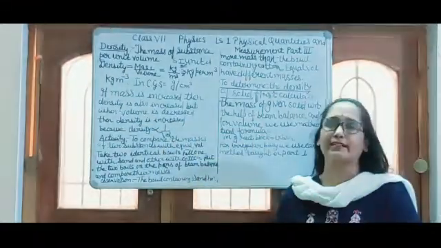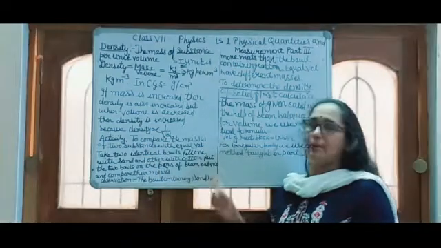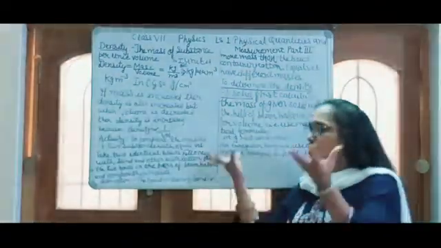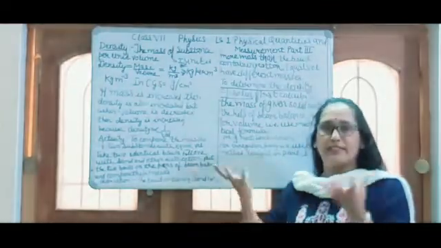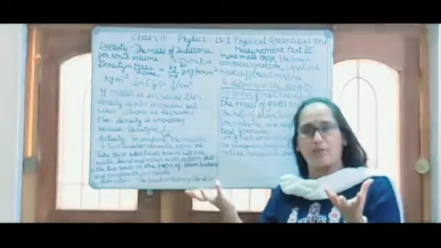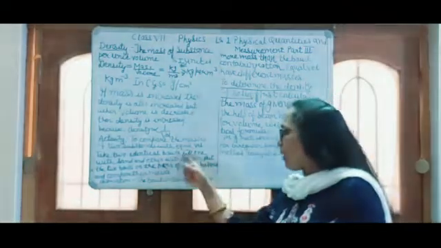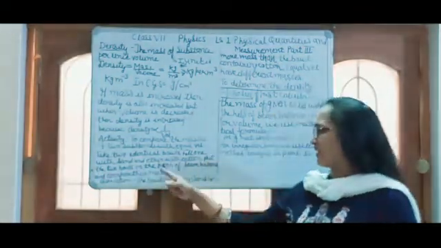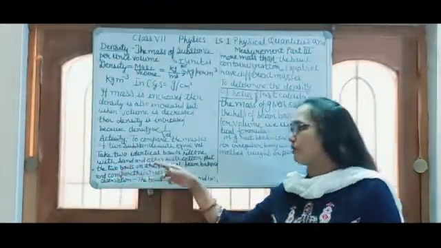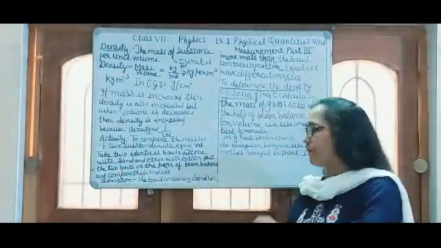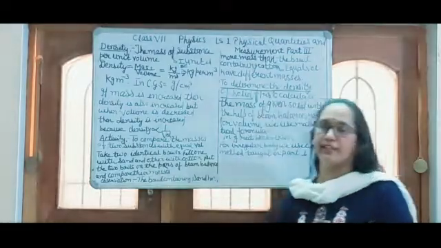Now we will do one activity. To compare the masses of two substances with equal volume, take two identical bowls, fill one with sand and the other with cotton. Put the two bowls on the pans of a beam balance and compare their masses.